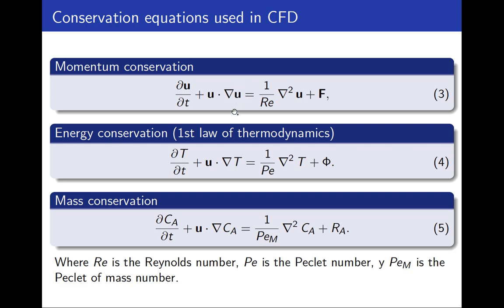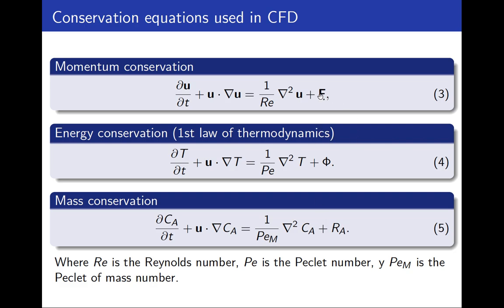In momentum conservation, we have the gradient of velocity, for the energy conservation equation we have the gradient of temperature, and for mass conservation, we have the gradient of the concentration. And then on the right hand side, we have a Laplacian: in this case of the velocity, here of the temperature, and then here in mass conservation, a Laplacian of concentration. And then we also have a source term.